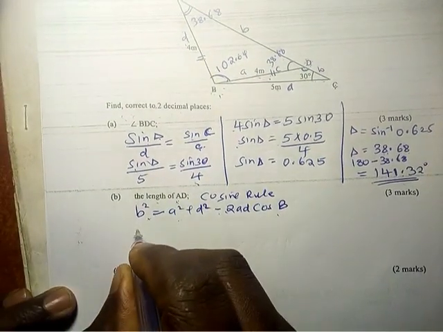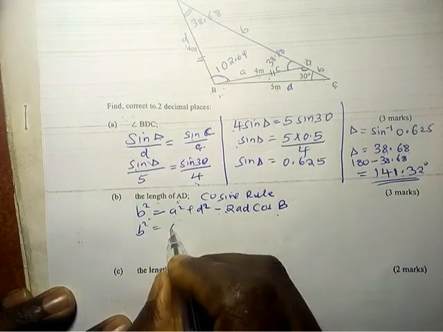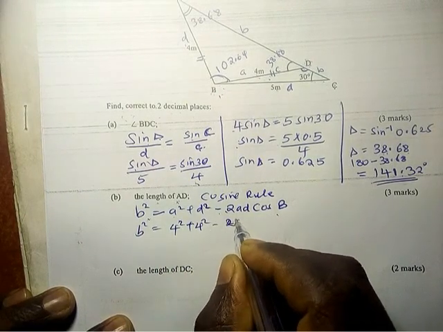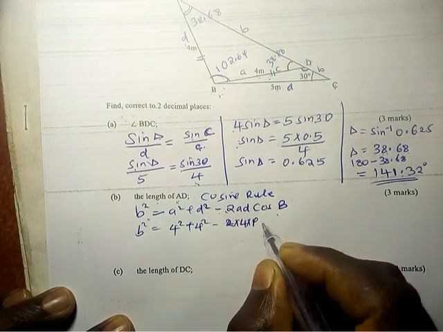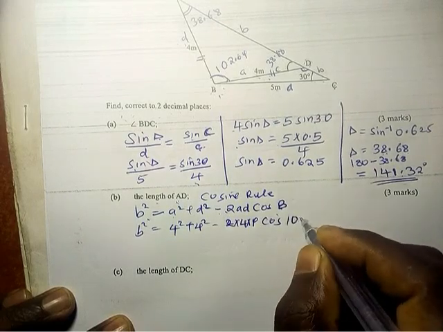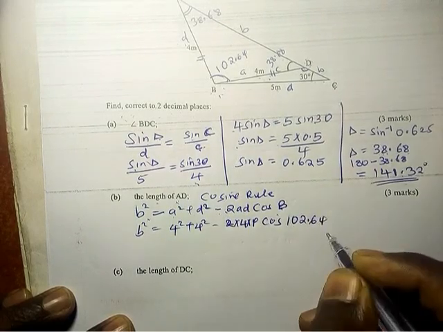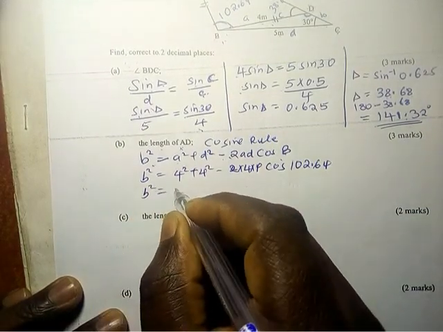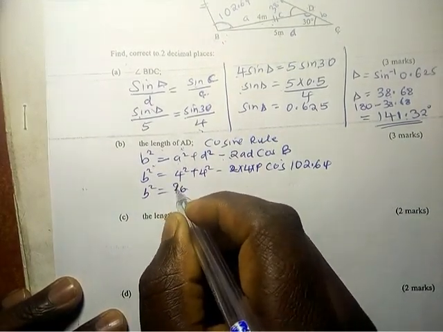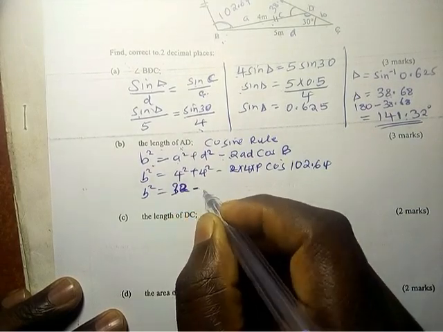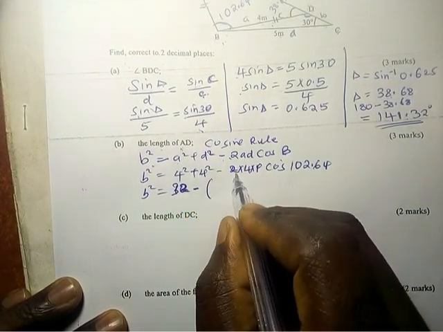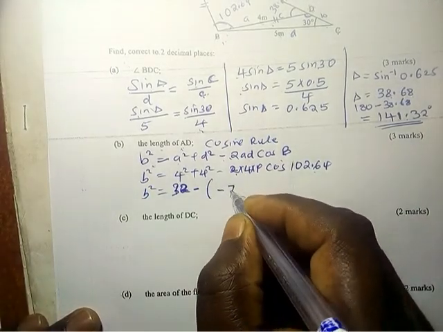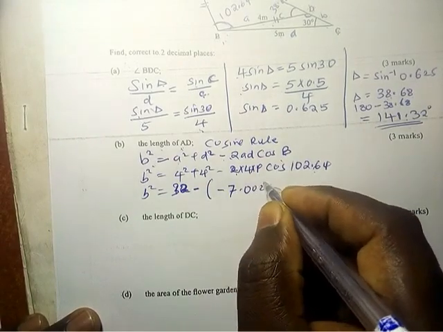So now we are going to substitute here. B square is equal to 4 square plus 4 square minus 2 times 4 times 4 cos B, which is 102.64. So B square is equal to 16 plus 16, which is 32, minus, if you multiply this, you are going to get minus 7.002.